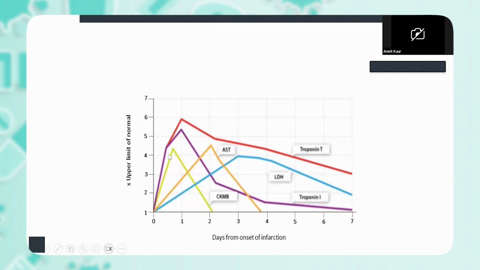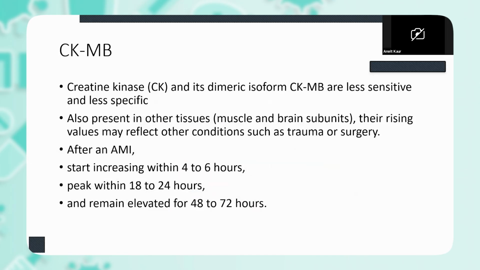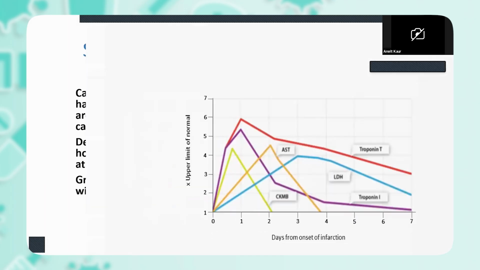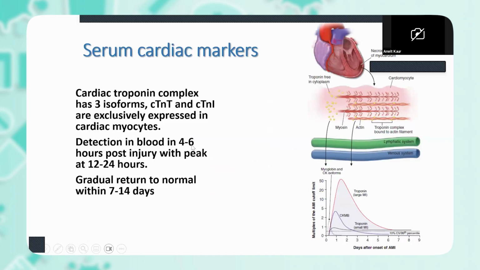It starts rising within 6 hours, and within 1 day it peaks and then starts to decrease, but it takes a good 14 days to come back to normal levels. So when you send your troponin level at 0 hour, it may come out to be normal because it starts to increase at 4 to 6 hours. So the second level should always be sent at hour 3 and then at hour 6.